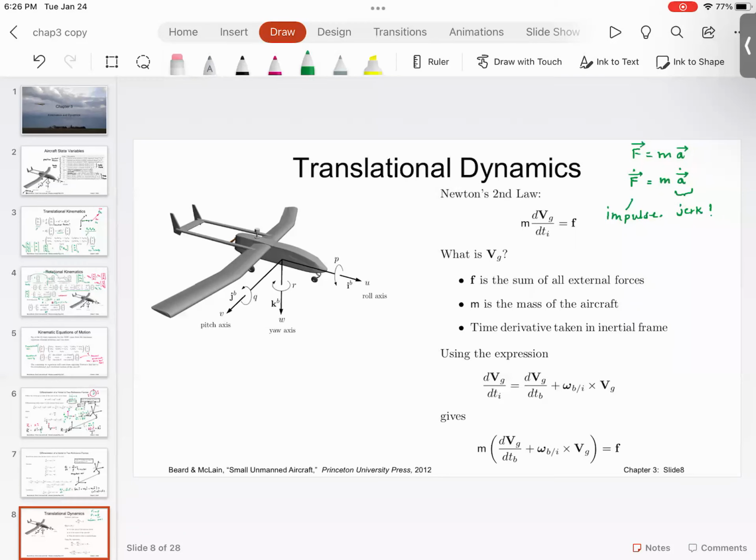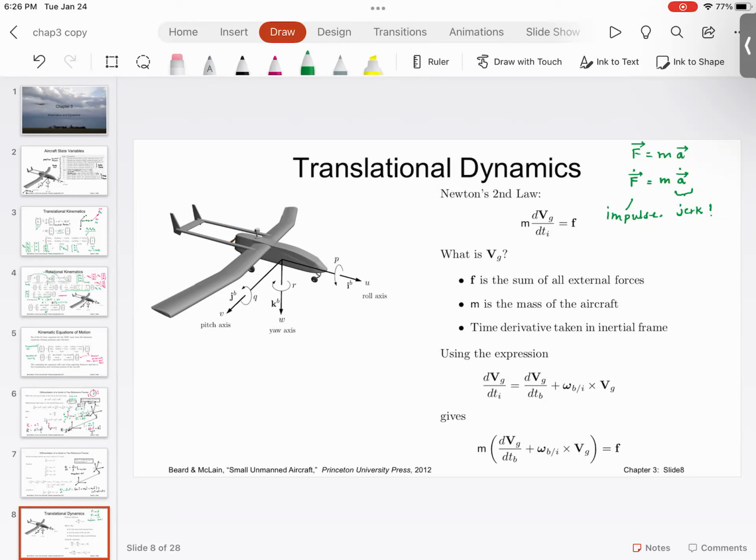That is Newton's law. But since mass is constant, we take the mass outside that expression, and we have mass times the rate of change of velocity equal to force. The rate of change of velocity is acceleration, and now we have force is equal to mass times acceleration.